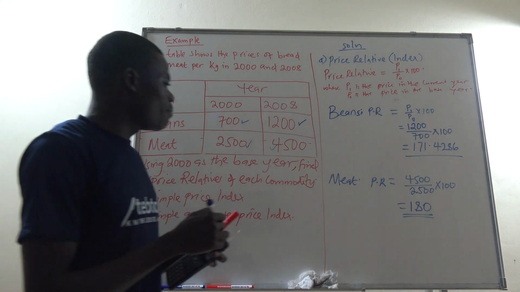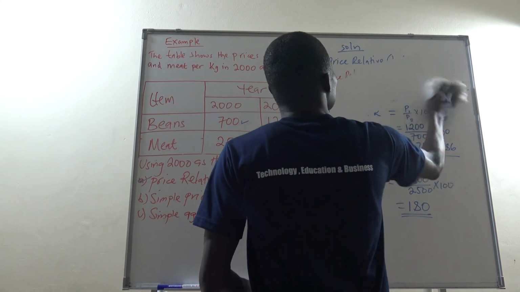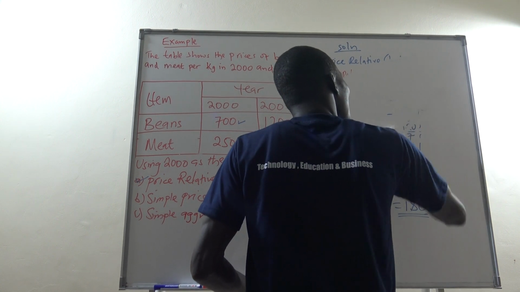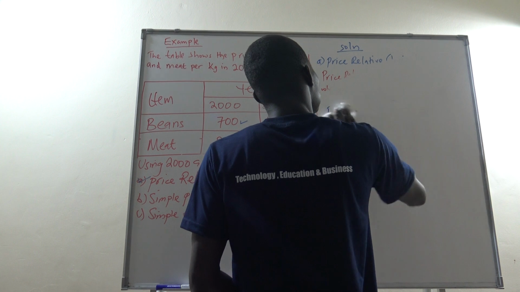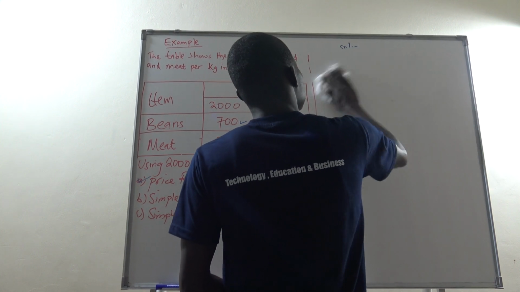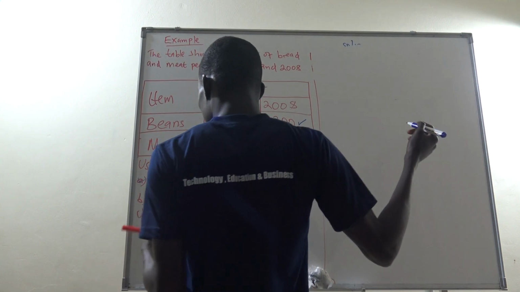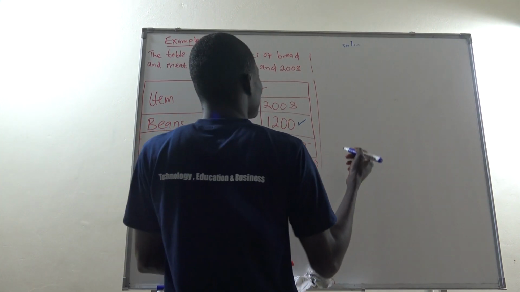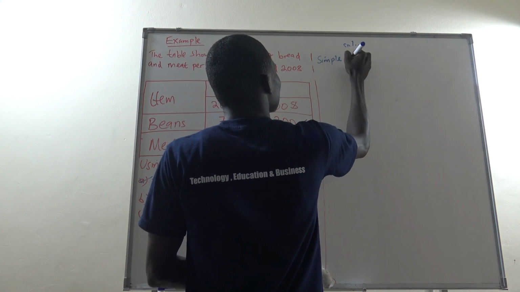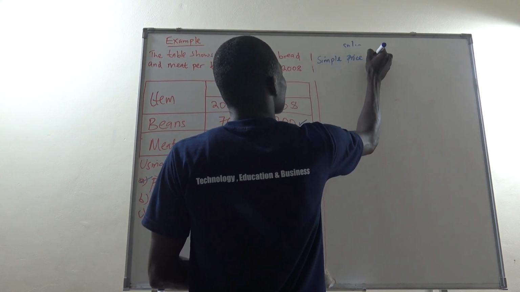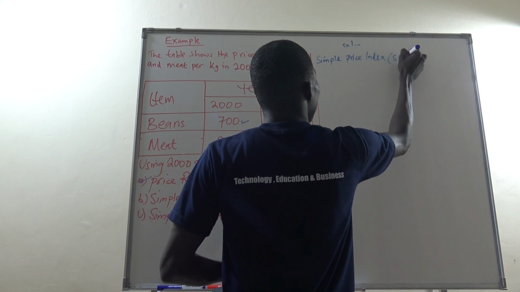Then for part B, they are saying calculate the simple price index, which we can call SPI.